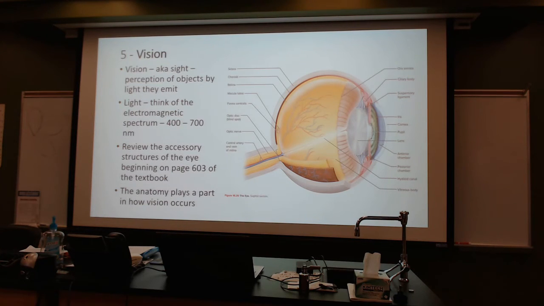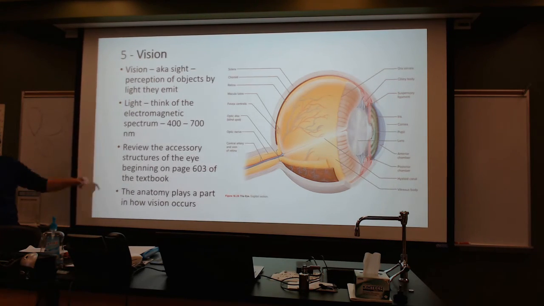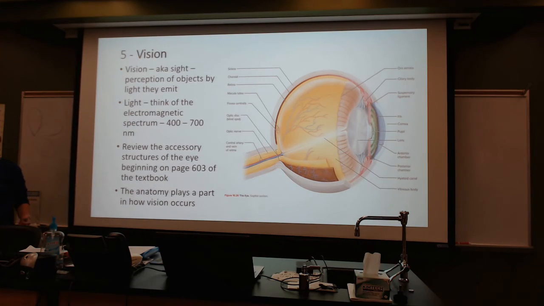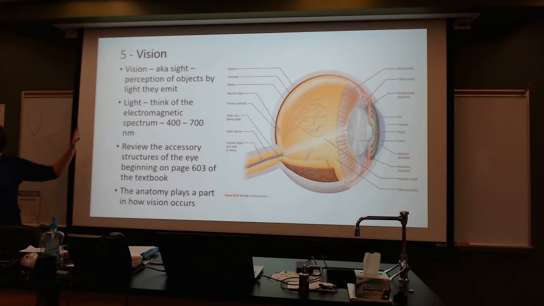In your textbook, beginning on page 603, it's going to go through all of the accessory structures of the eye. Eyelashes, eyebrows. I'm not going over that, okay? Look over that, be familiar with it. For the sense of sight, that's the part I want us to be familiar with, okay?